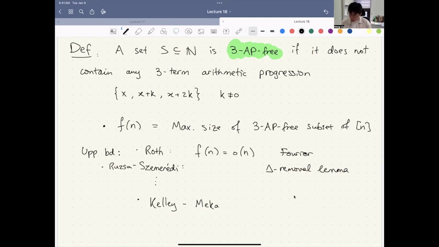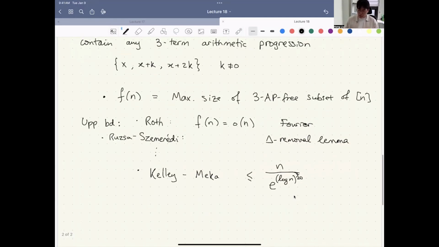Basically, they prove an upper bound of the form n over e to the (log n) to some power. I think 1 over 20 to be safe, but please check; some bound of this shape. So why is this a breakthrough?